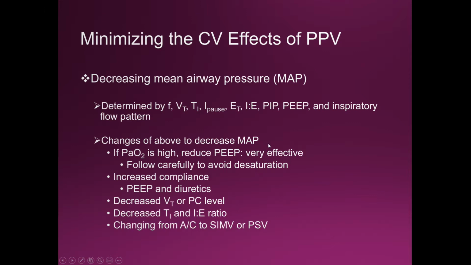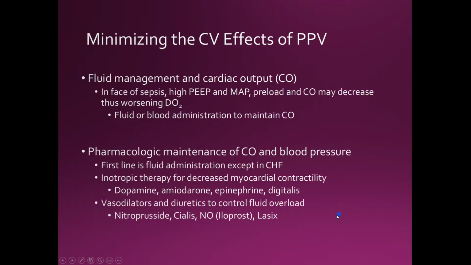So if we're talking about airway pressures, then if I'm switching from AC to SIMV in terms of pressure control, I can understand. I think that's basically what's happening here, depending on what's going on with the patient and a type of pressure control situation, because we are trying to decrease mean airway pressure.